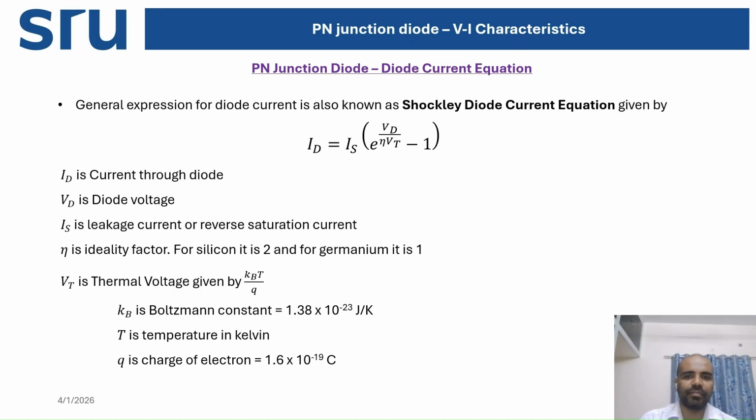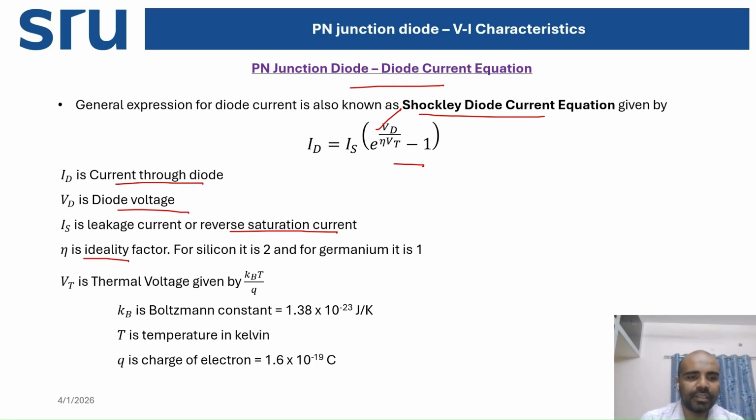So this is the current equation for a PN junction diode, also known as the Shockley diode current equation, which is I_D equals I_S times e to the power V_D by eta V_T minus 1, right? Where I_D is the current through the diode, V_D is the diode voltage, and I_S is the leakage current or reverse saturation current at reverse bias condition.